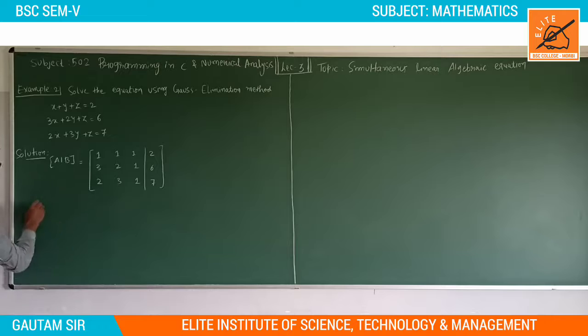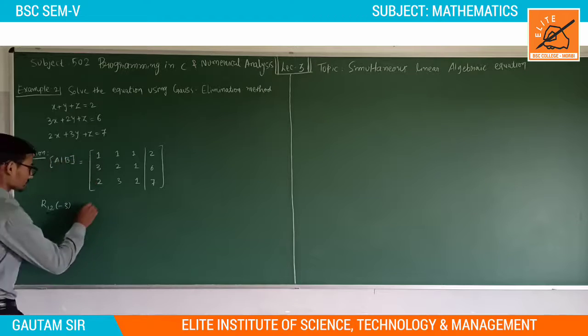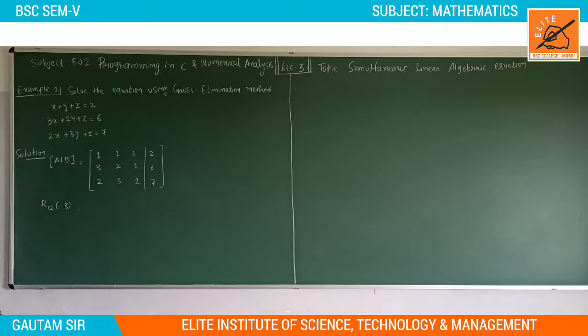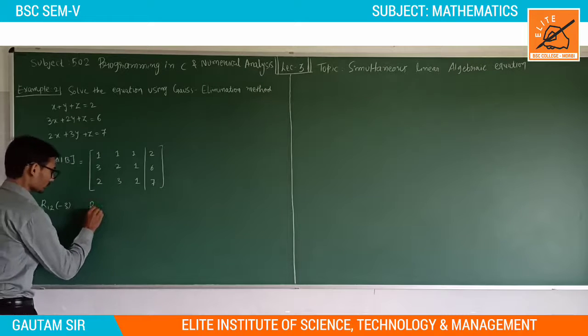The first operation is R12: multiply the first row by minus 3 and add into the second row. The second operation is, using the first row, convert 2 into 0, so multiply the first row by minus 2 and add into the third row.